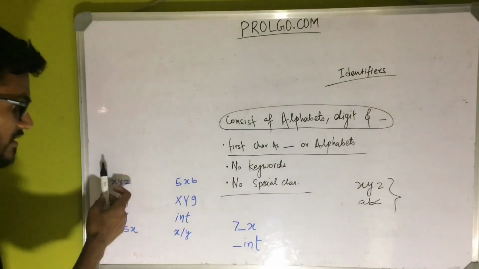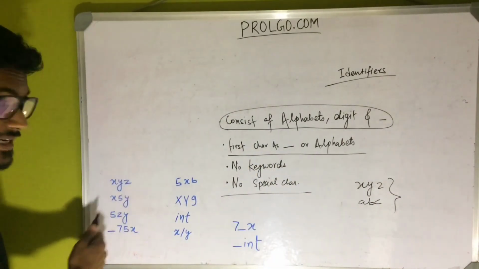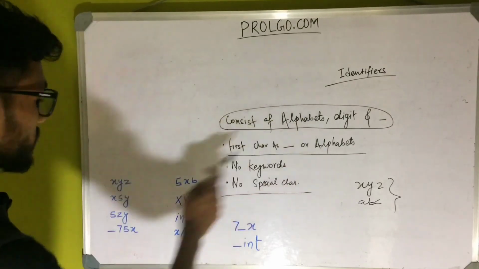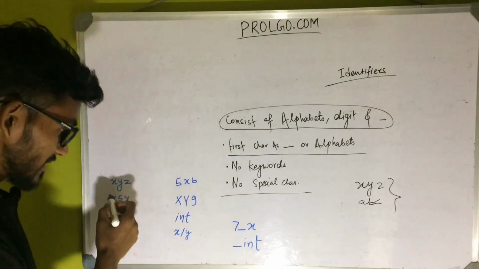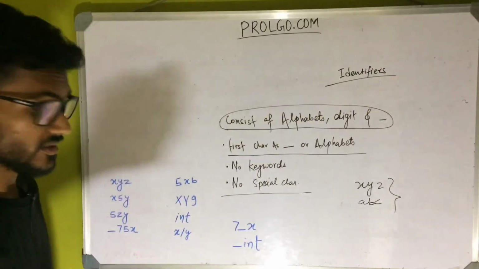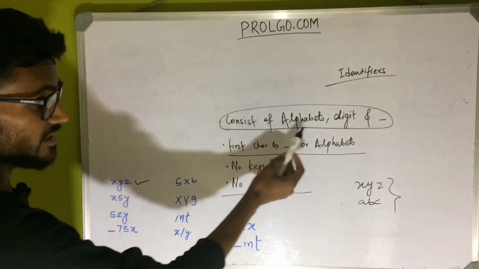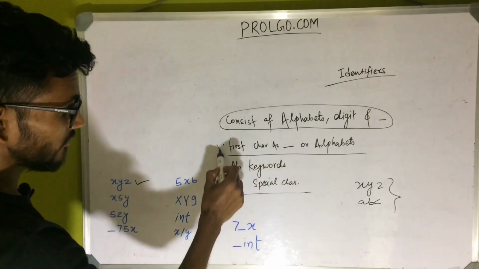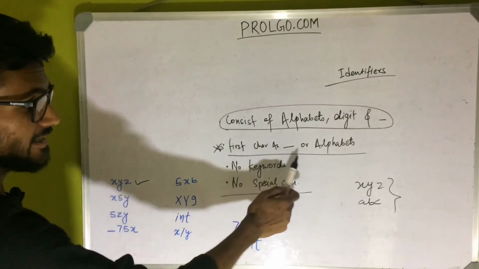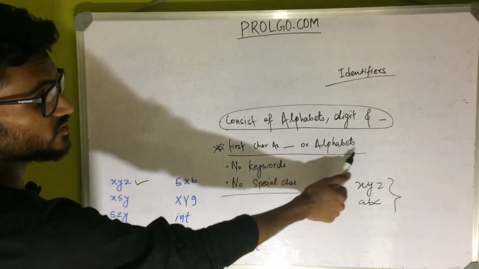So I have taken some examples which will clear your doubt. This one is XYZ. Can we consider this as an identifier? Yes, because it contains alphabets. And the most important rule is that the first character is an underscore or an alphabet.